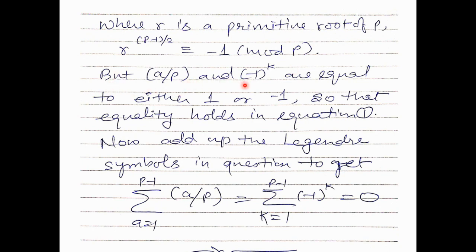But (a/p) and (minus 1) to the power k are each equal to either 1 or minus 1. This has only two values, 1 or minus 1, and this also has only two values, 1 or minus 1, so the equality holds in equation 1.